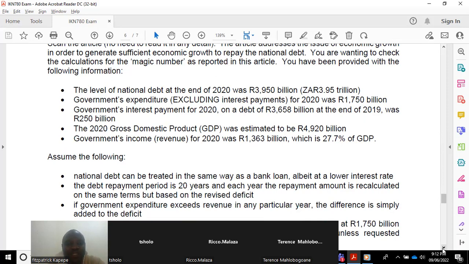Government's interest payment for 2020 on debt of 3.66 billion at the end of 2019 was 250 billion. The 2020 gross domestic product was estimated to be 4.9 billion rands. Government's income for 2020 was 1.363 billion, which is 27.7% of GDP.